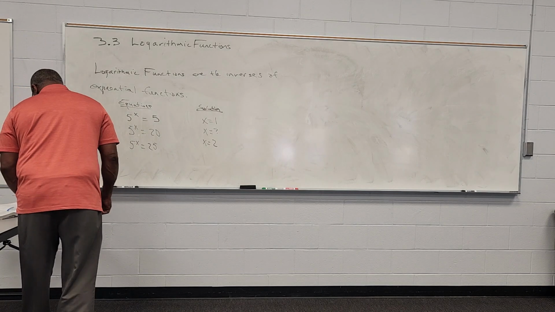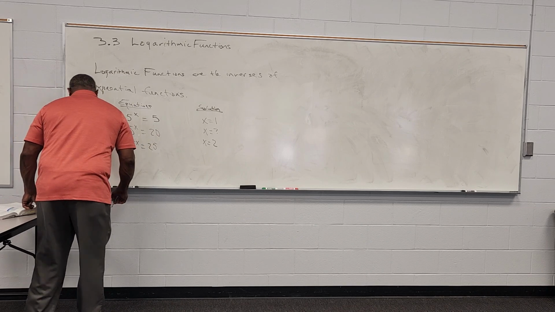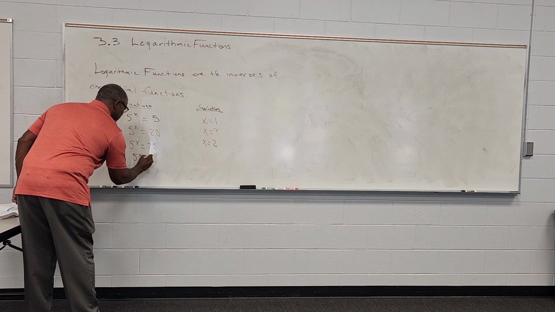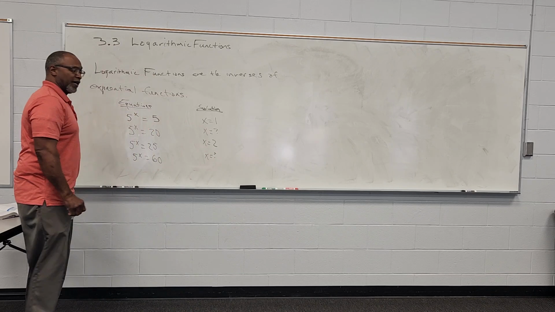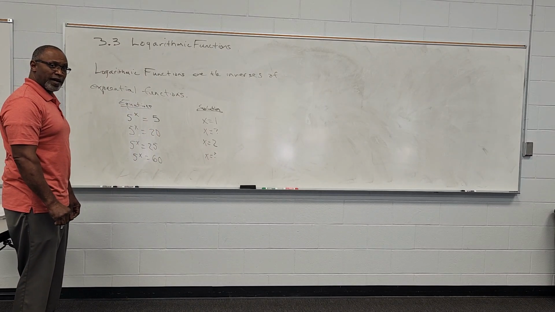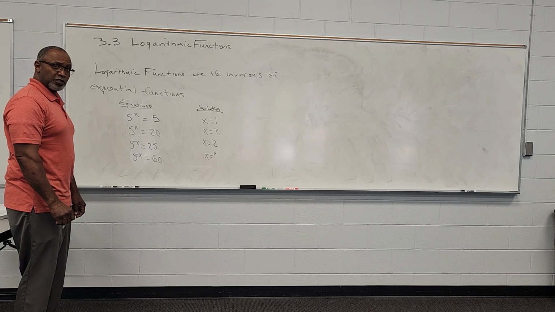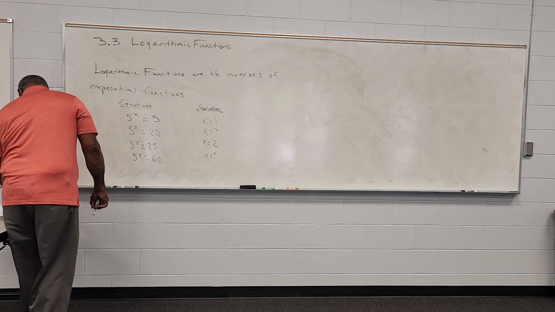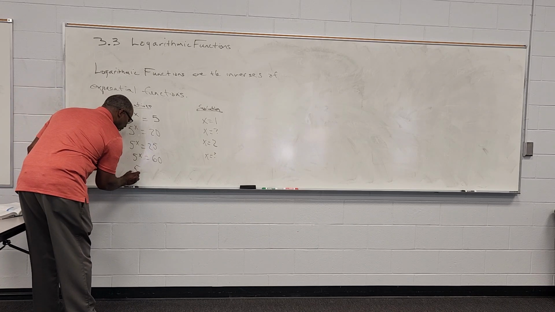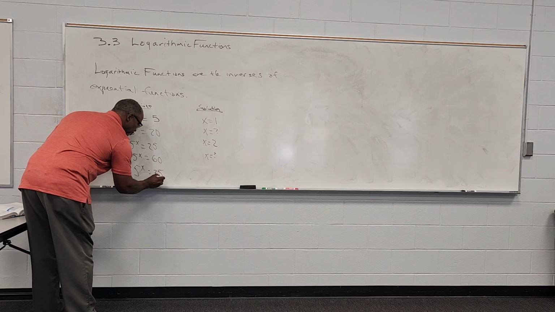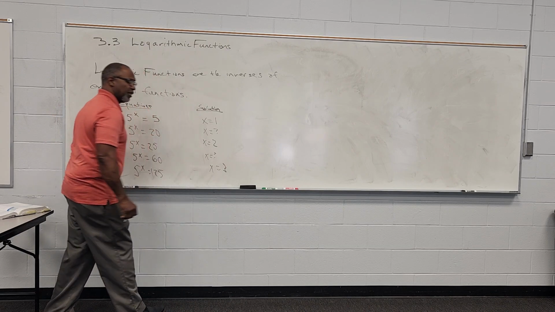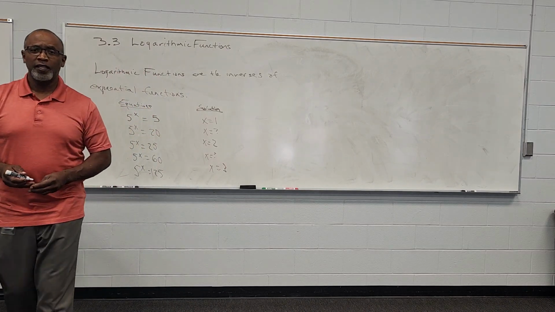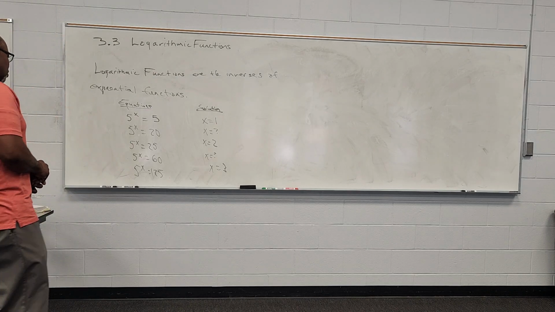If I say 5 to the x equals 60, you wouldn't know how to answer that, because there is no integer power of 5 that gives 60. And 5 to the x equals 125, you know x is 3, because 5 times 5 times 5 gives you 125.